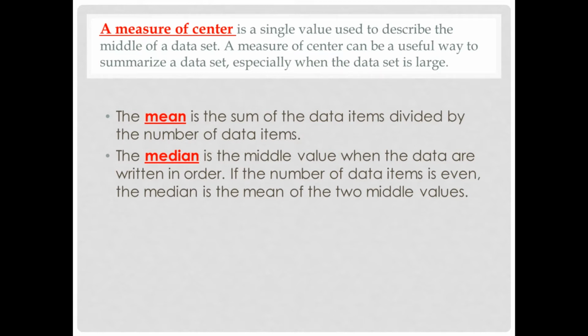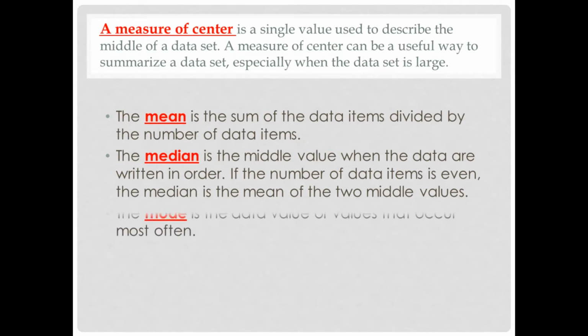Then you can find the center of them, or the median. If you have an odd number of values, the median is just the one number in the middle. But if you have an even number of values, there will be two numbers in the middle, not just one. So in this case, you have to find the average of these two numbers to find the middle between them, which is called the median.